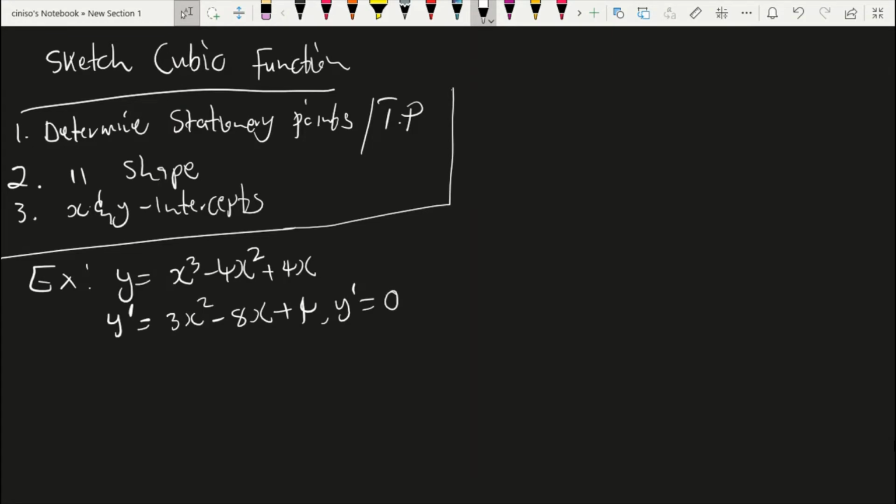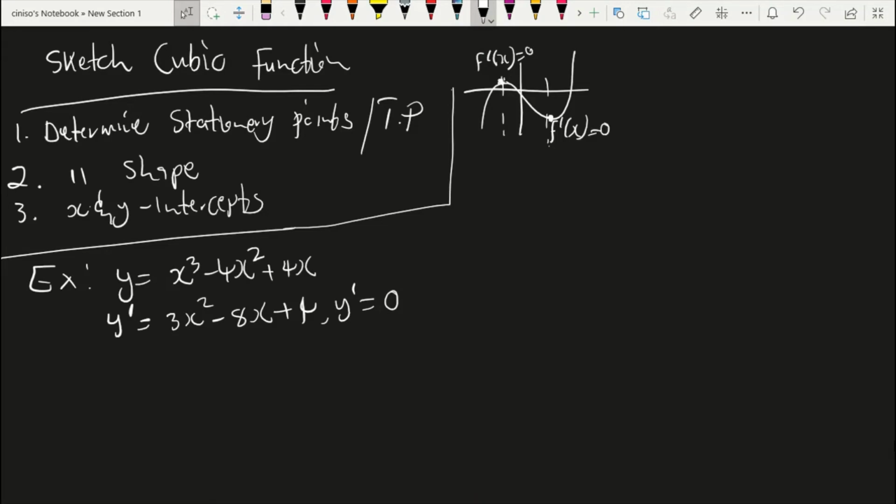Why are you equating it? Because if you were to draw a function like this and you want these turning points here, at the turning point your gradient of the function is 0. So at the turning point your gradient is 0.